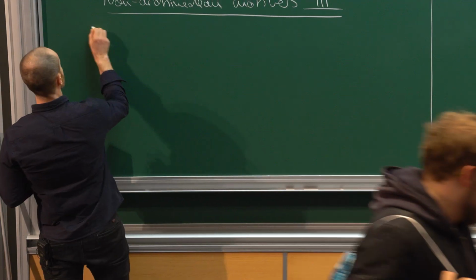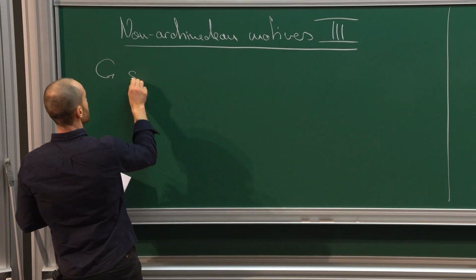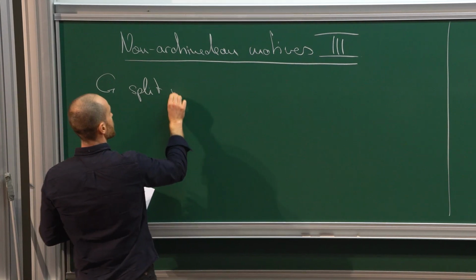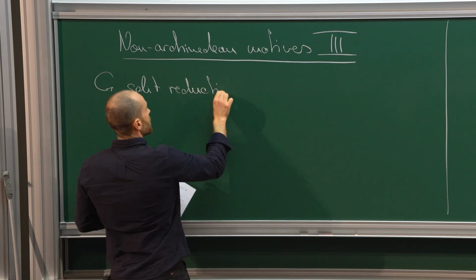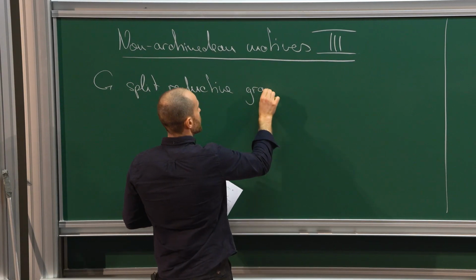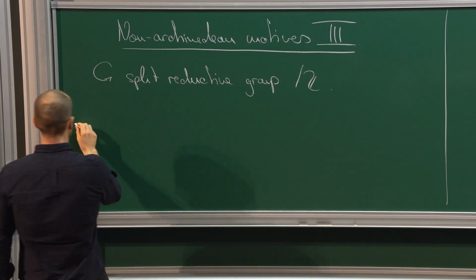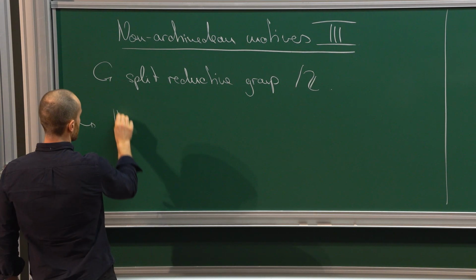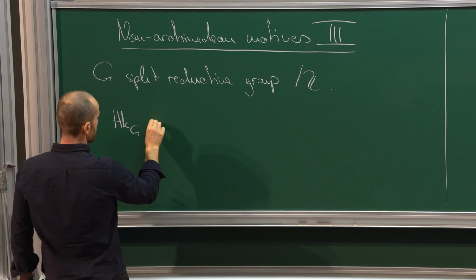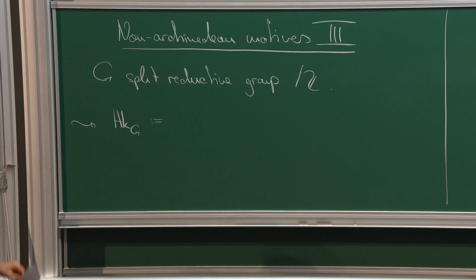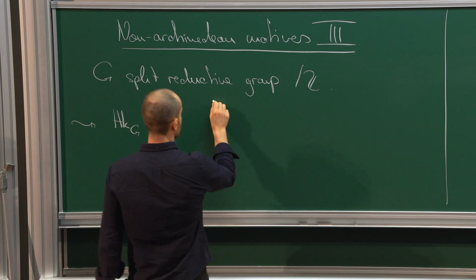So throughout we fix G to be a split reductive group over the integers. And last time we associated to it the Hecke stack, so the algebraic version of it.